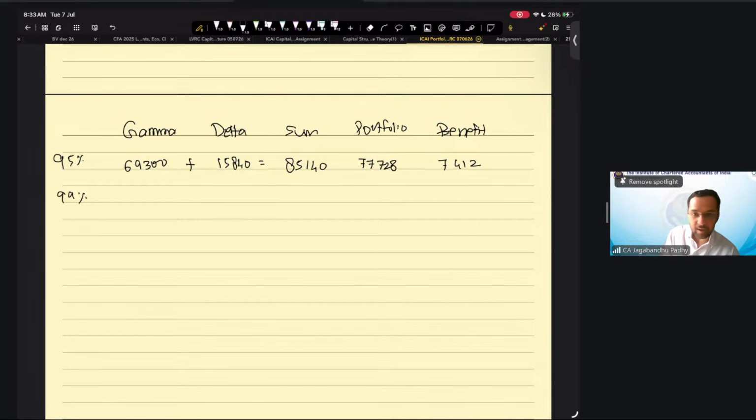Then at 99%, gamma had 97,860 plus 22,368.